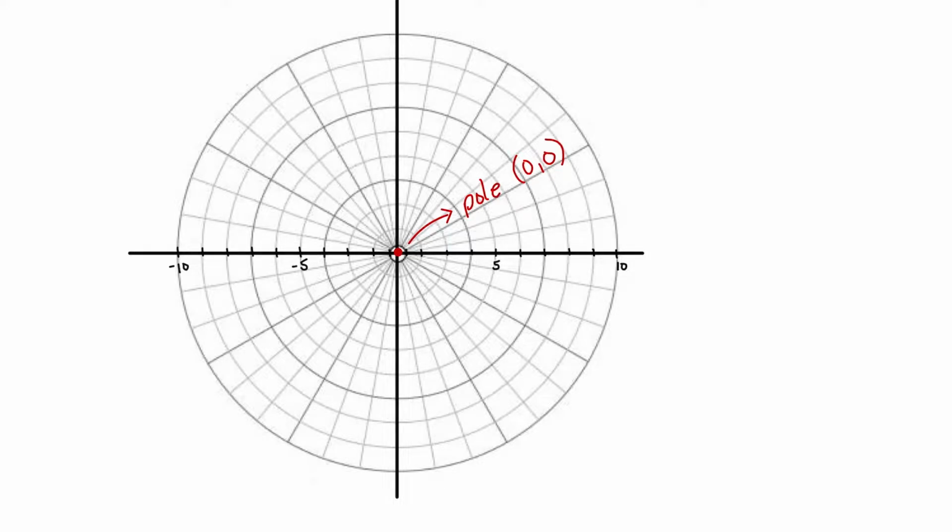Similar to the vertical axis, 1, 2, 3, 4, 5, 6, 7, 8, 9, 10, and -1, -2, -3, -4, -5, -6, -7, -8, -9, -10.